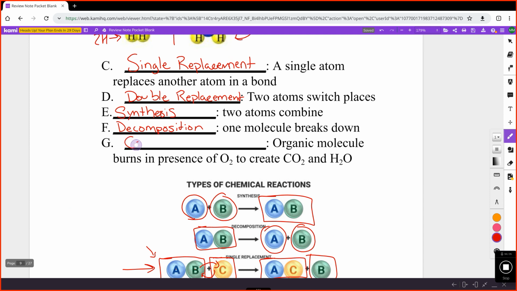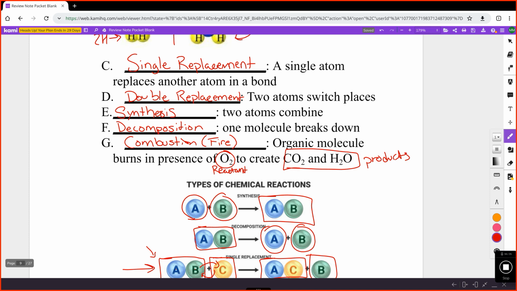And the last one that comes up is combustion, or fire. And fire needs to have oxygen. Oxygen has to be a reactant, and CO2 and H2O are always the products of a combustion reaction.